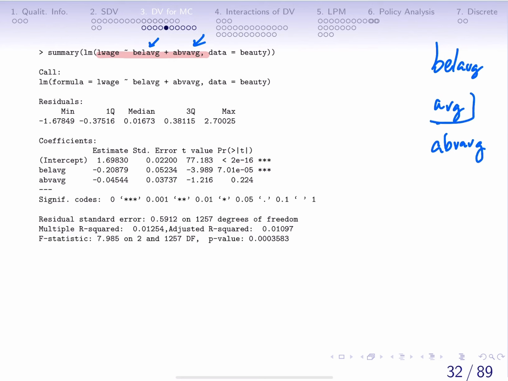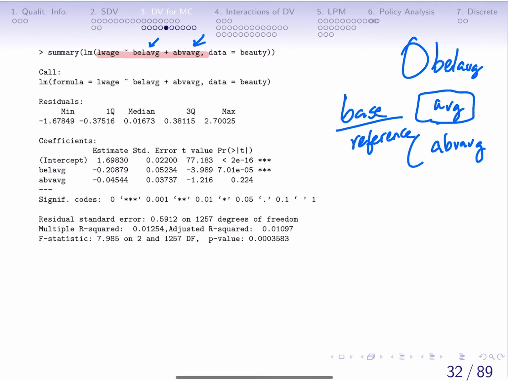So we're leaving out average as the base group or our reference group. Any coefficient on below average or above average would give us the difference between somebody who is below average relative to a person who's average. Similarly, the coefficient on above average would tell us the difference between somebody who's above average and somebody with average looks.